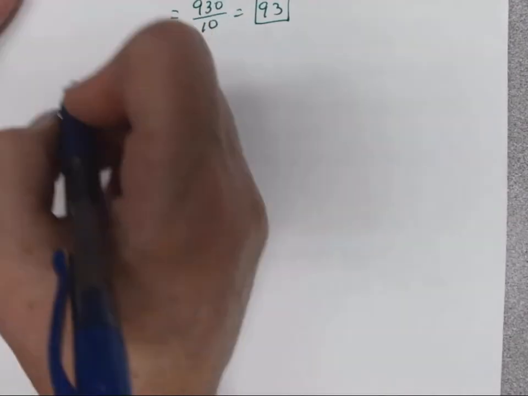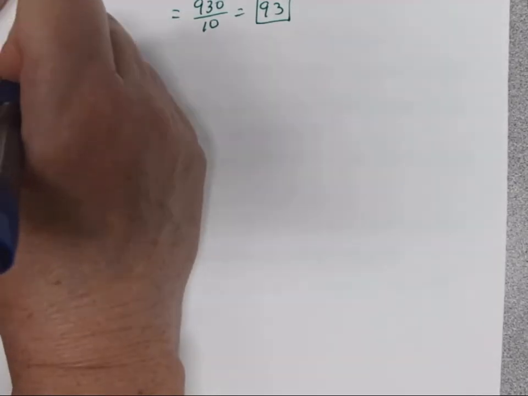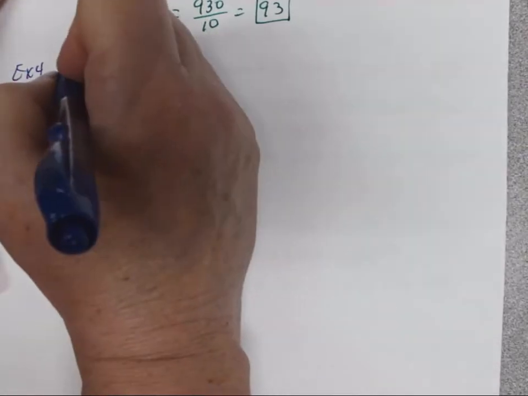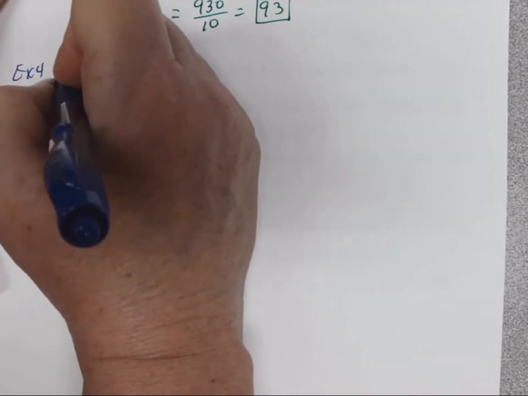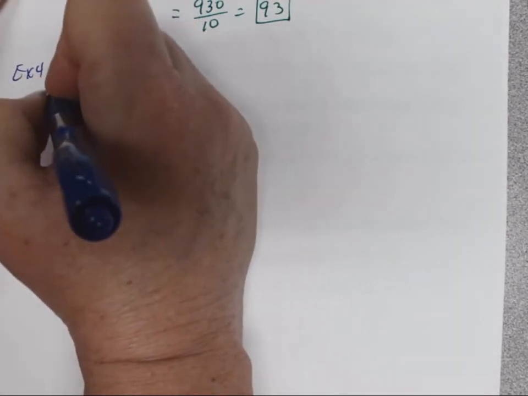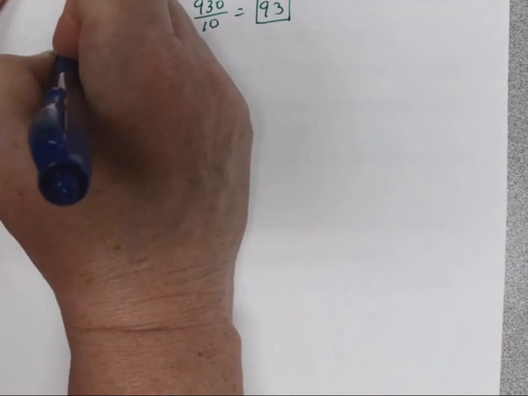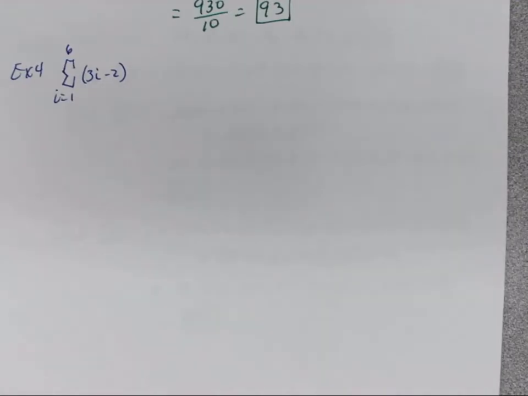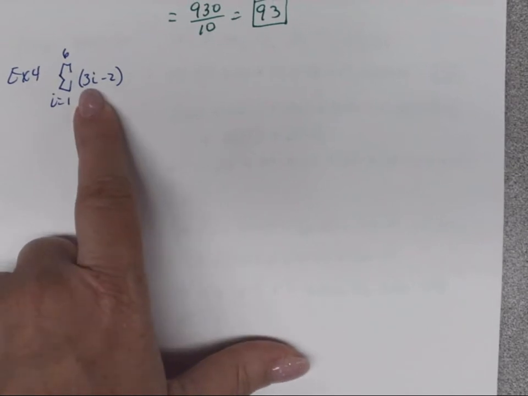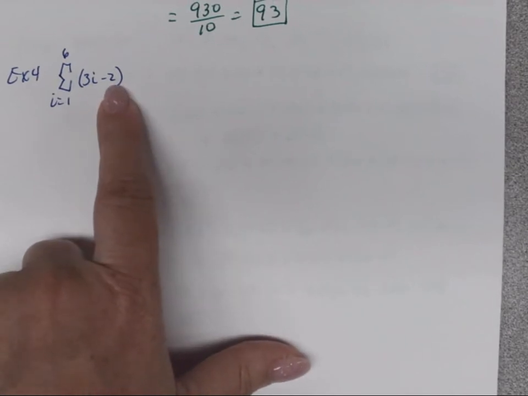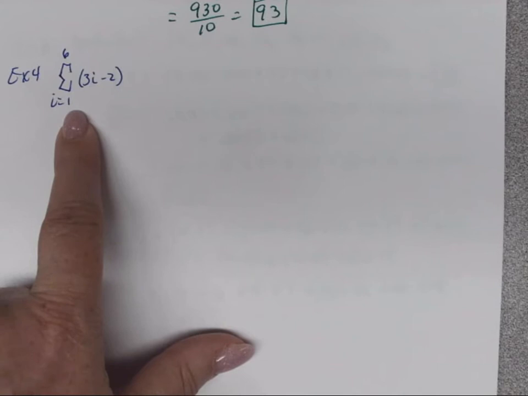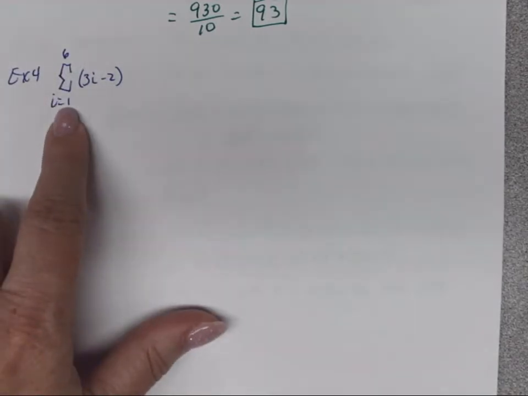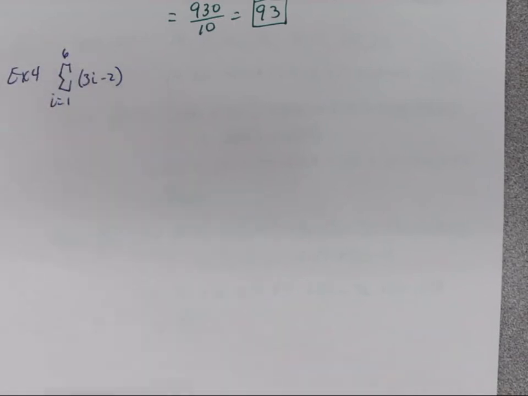So we're looking at example 4, and for example 4, we are looking at the summation of i is equal to 1 to 6 of 3i minus 2. So what that tells us is we're going to multiply by 3 and then subtract 2 for each term. And our i is equal to 1 all the way up to 6. So it's 1, 2, 3, 4, 5, and 6 are our data set this time.